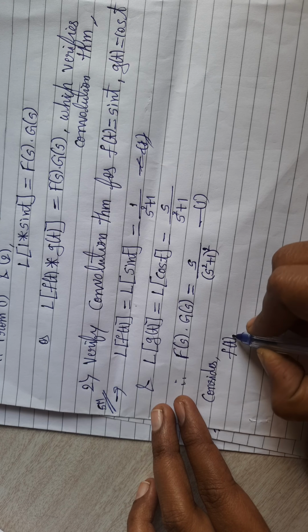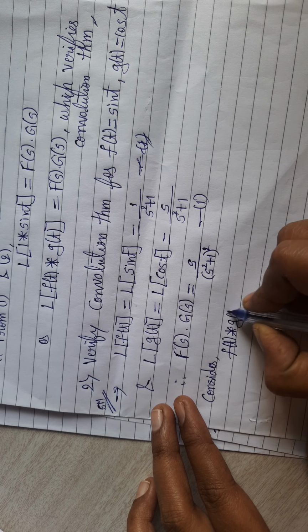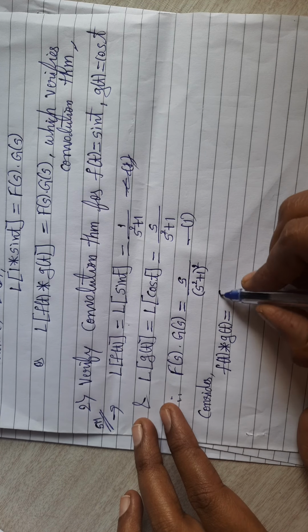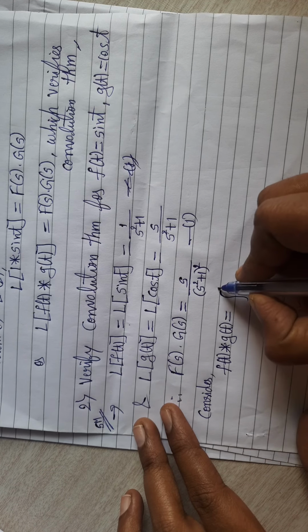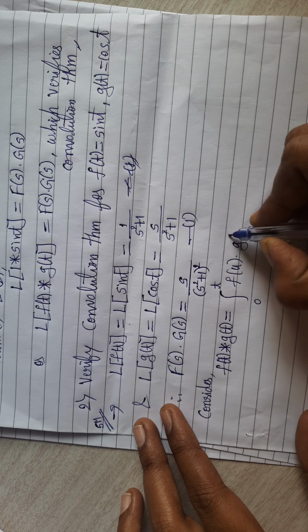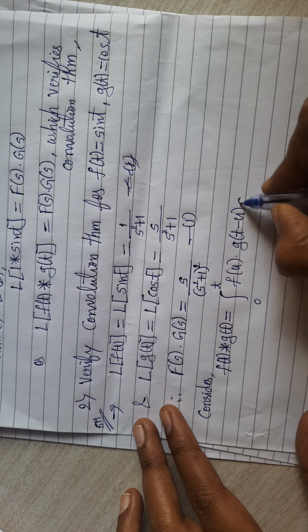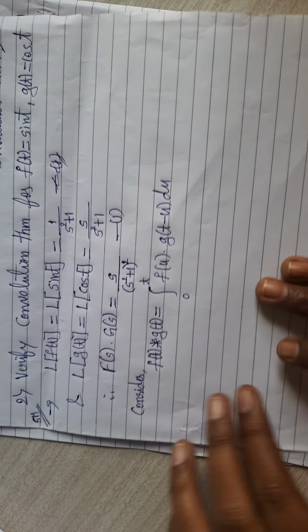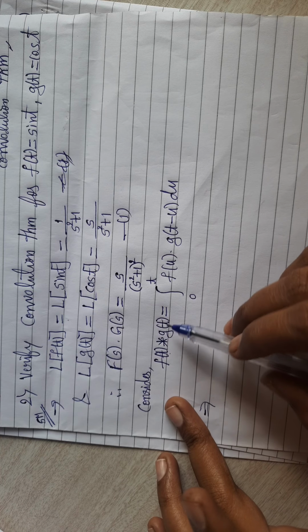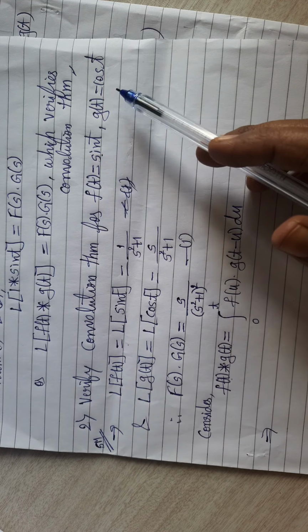So for the next part, consider f of t star g of t, that is equal to integration from 0 to t of f of u into g of t minus u du. This implies f of t and g of t are nothing but sin t and cos t.